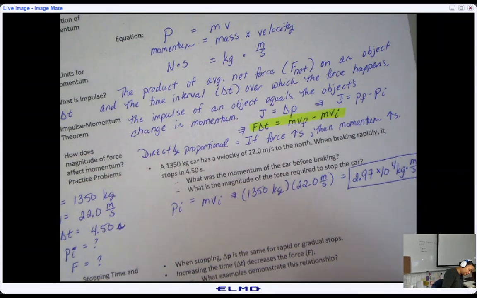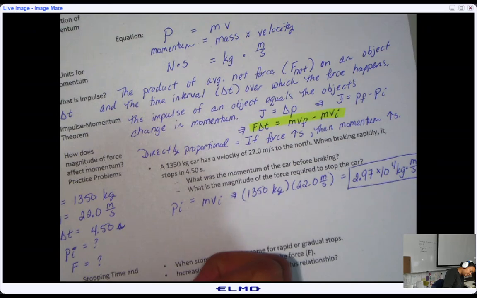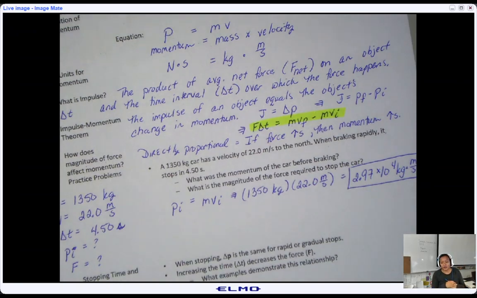So how about a steel car? Remember old cars? Old cars used to be all metal. What that means is that when you hit a tree, does metal give very well? No, right?